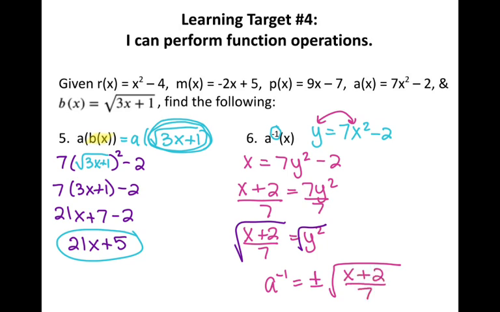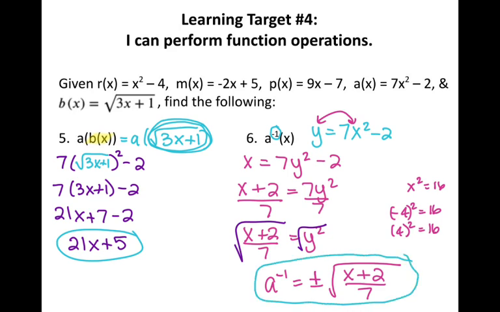And that goes back to the fact that negative 4 squared is 16 and positive 4 squared is 16. So if I were to solve for this equation, then I would have 2 solutions, positive 4 and negative 4. So that's why we have that plus or minus on that particular inverse, as opposed to any of the other ones. All right, so that does it for function operations.